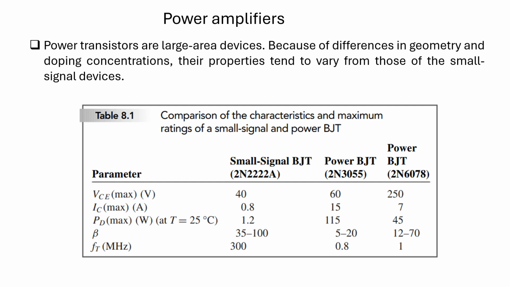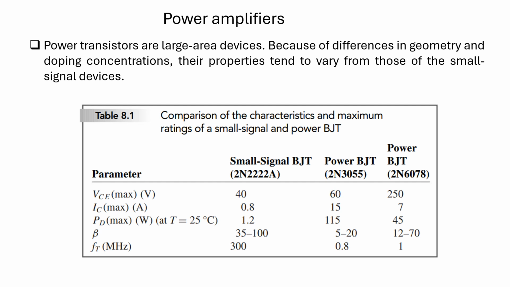So let us start from the basics of the power amplifiers. Simply, what do you mean by the term power amplifier? We have already studied the BJT based amplifier. But if you remember, those amplifiers have a very small amplification factor, and whatever voltage or current we are dealing with there is small.